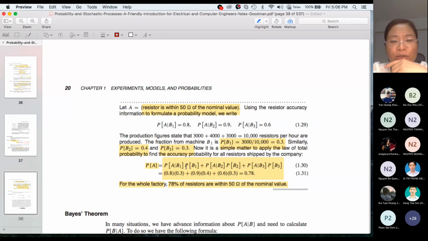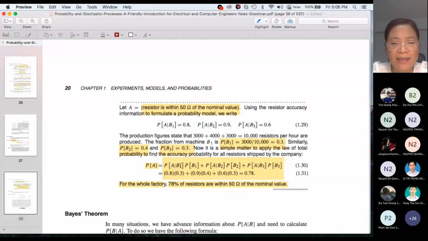It depends on your experiment, choosing randomly one resistor from the factory. The difference between A given B1 and the probability of A intersection B1 is very big.